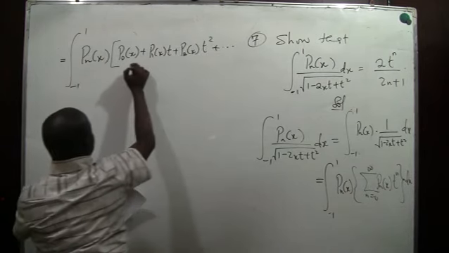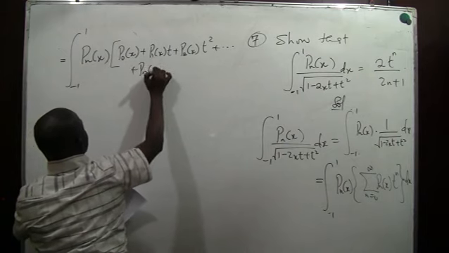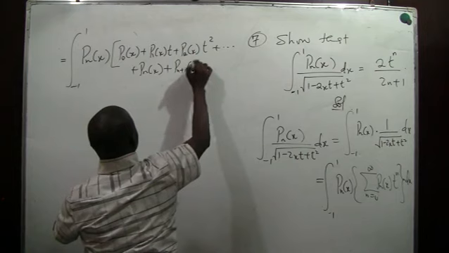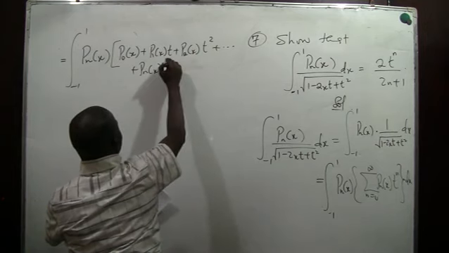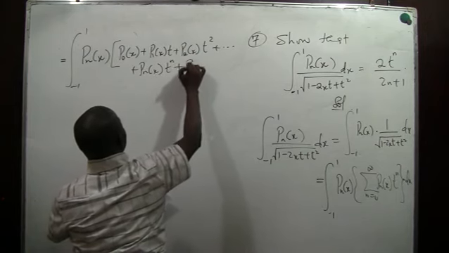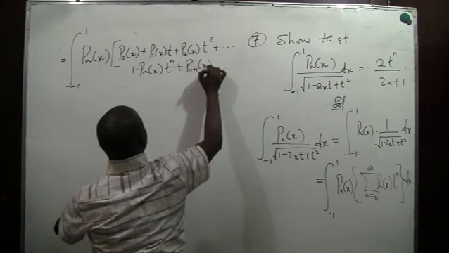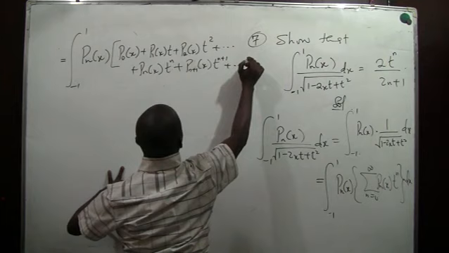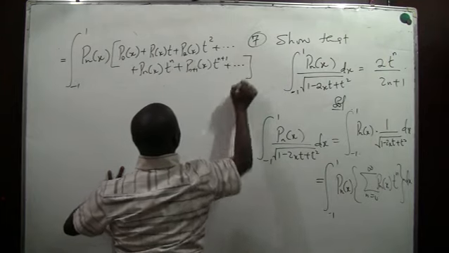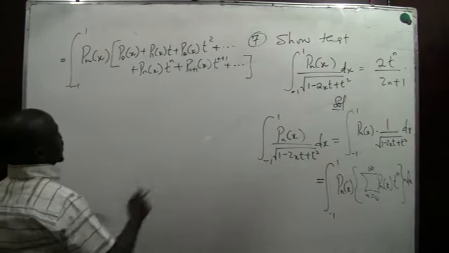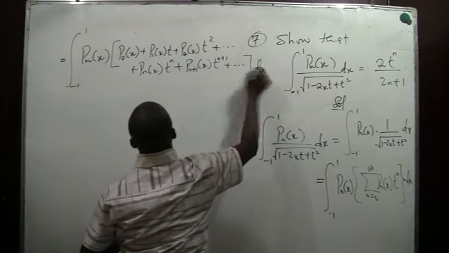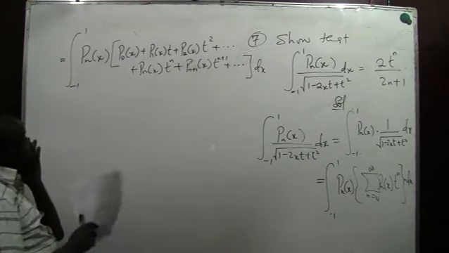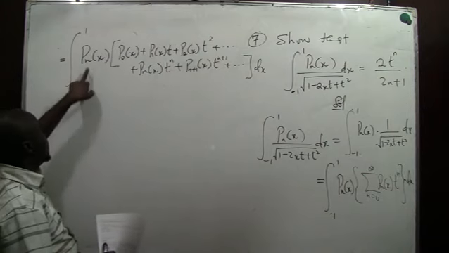It continues until I get to Pn of x t raised power n, plus Pn plus 1 of x t raised power n plus 1, plus it continues. So let's close it that way, dx. Now open the bracket and integrate simultaneously.